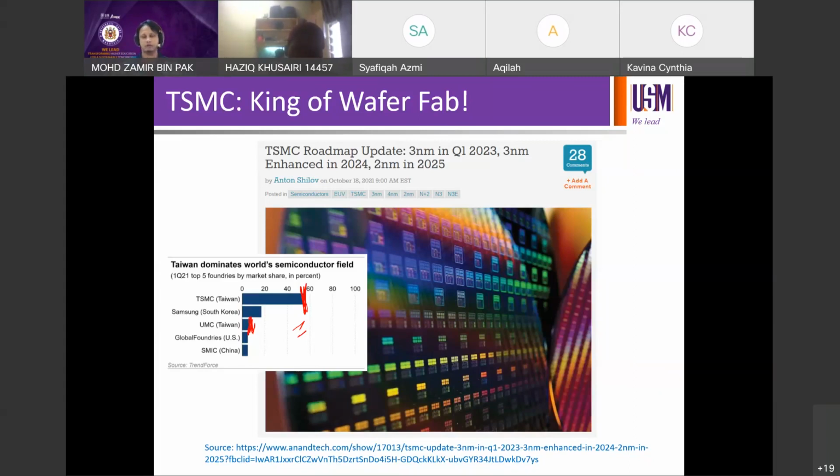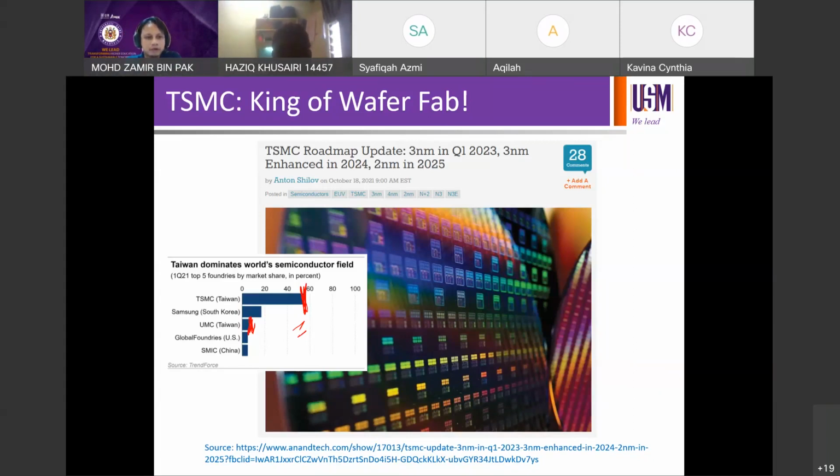Even then, within these top 4, Samsung, Intel and GF are lagging behind TSMC in terms of technology capability. So the whole world is depending on Taiwan to get the chips out to the market. That's why for manufacturing, for automotive, for consumer products, everything will slow down. Okay.